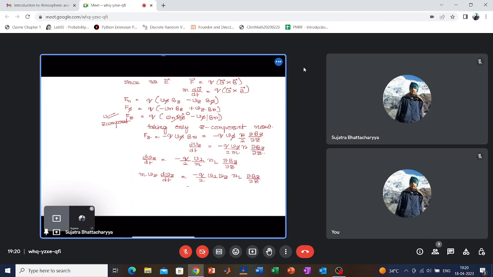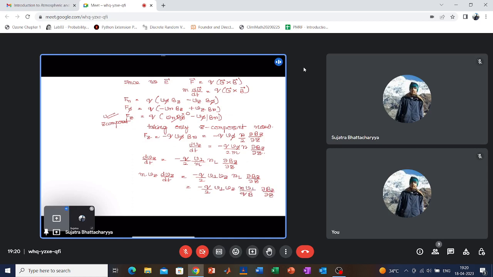Now further, it's minus q by 2 v perpendicular vz. Now this rl will be m v perpendicular by qb, delta bz by delta z.